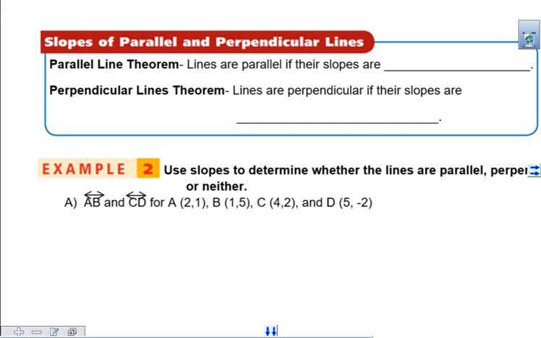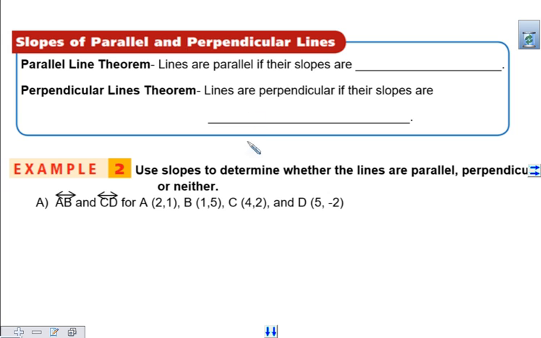Next up, parallel and perpendicular lines. Parallel lines have the same slope. In other words, they are equal.